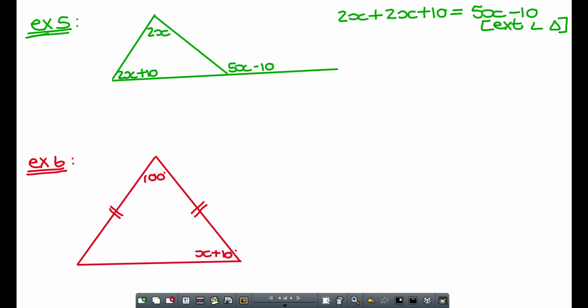Now from there, it's a normal equation. So we take unknowns to the left, normal numbers to the right. Okay. You guys done?